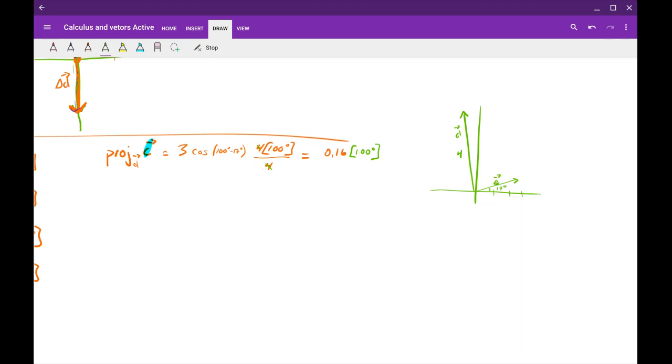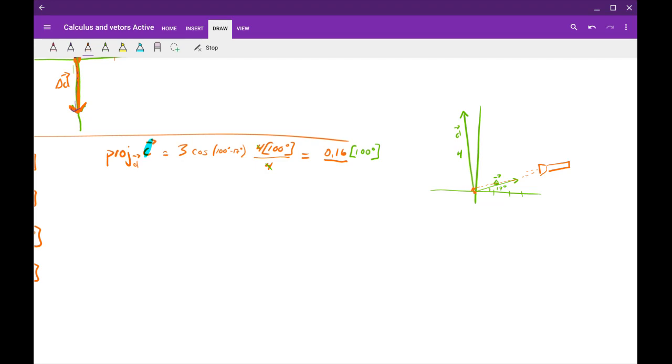All right. Now I want to project C onto D. So basically what I'm doing is, in a way, putting a flashlight here, and I'm shining down onto D, and I get this really tiny vector of 0.16. And what direction is it?